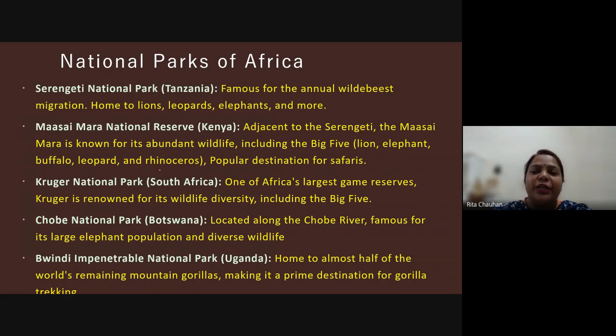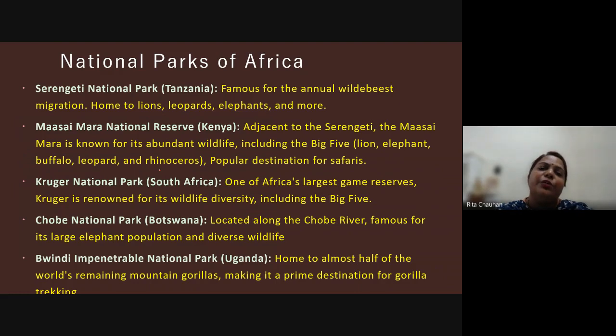I think you know what the big five are. Big five are lion, elephant, buffalo. Buffalo means wild buffalo, African buffalo, leopard, and rhinoceros. So these are very popular destinations for safaris.